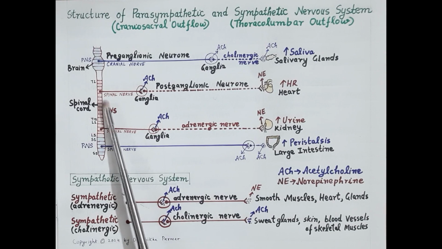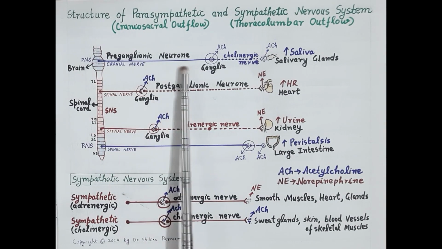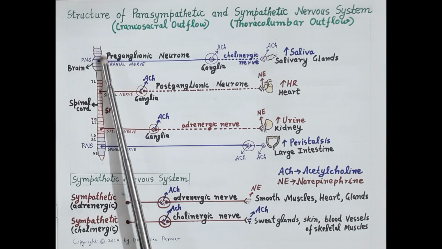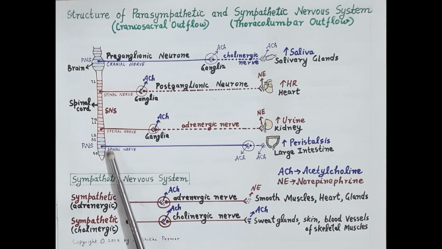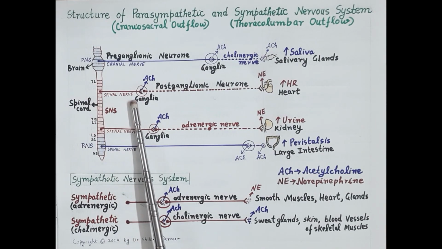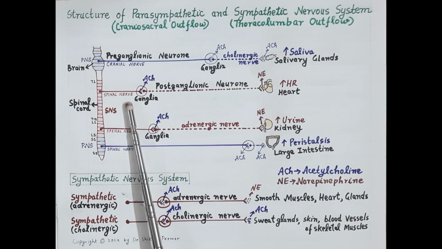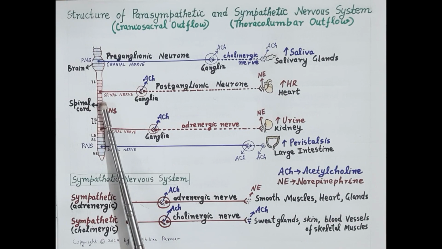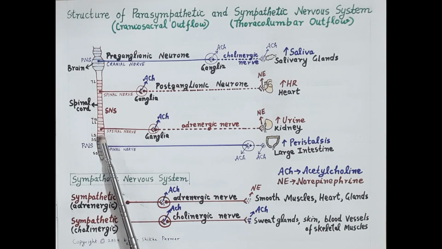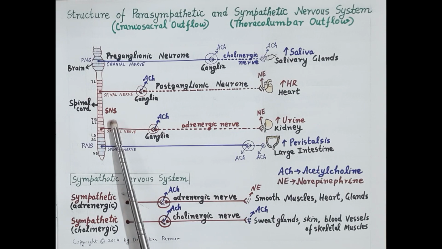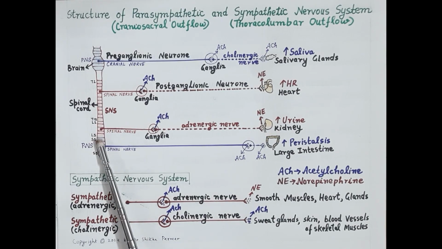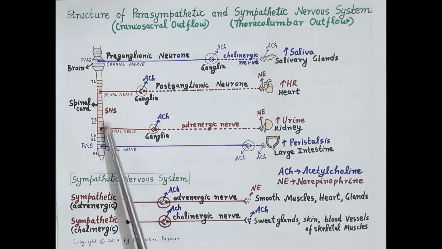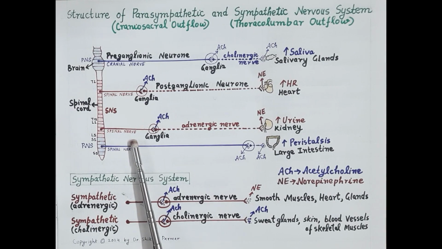The cell bodies of all the preganglionic neurons are located in the brain or in the spinal cord. The preganglionic neurons of the sympathetic nervous system originate in the spinal cord at the thoracic or lumbar region, and thus the sympathetic nervous system is known as thoracolumbar outflow. These cell bodies originating from the spinal cord are actually the spinal nerves.